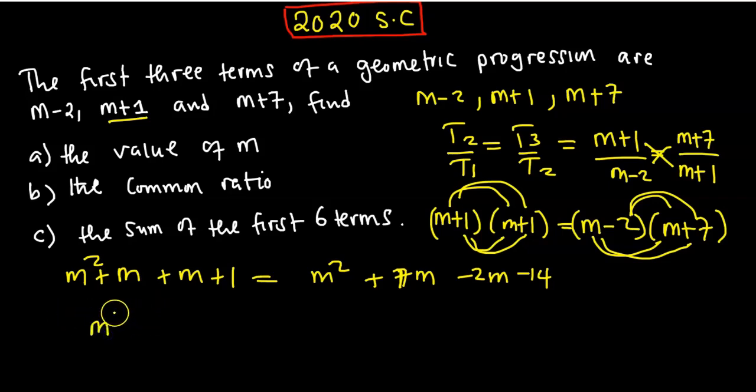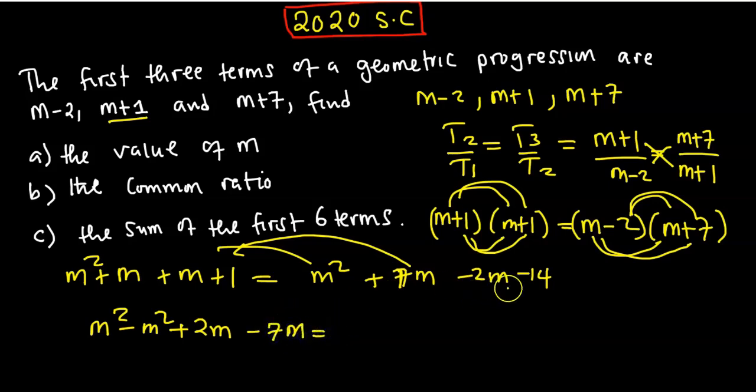The m square comes to this side and cancels with the other m square. Then this is just 2m. The 7m is positive, it comes this side and becomes negative 7m, equal to negative 14, and the 1 goes there as negative 1.